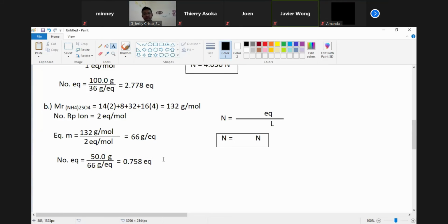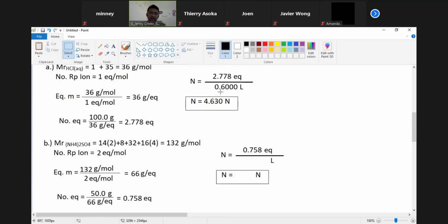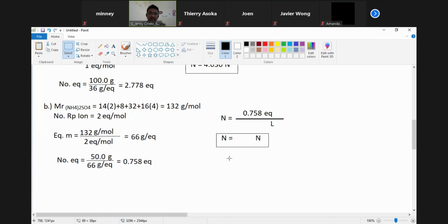Okay. Next, we substitute our value. So we have 0.758 equivalents divided by the volume of the solution in liters, which is 0.6.